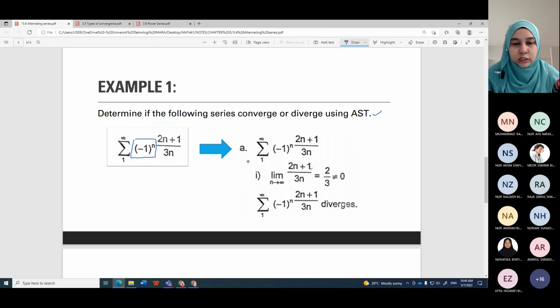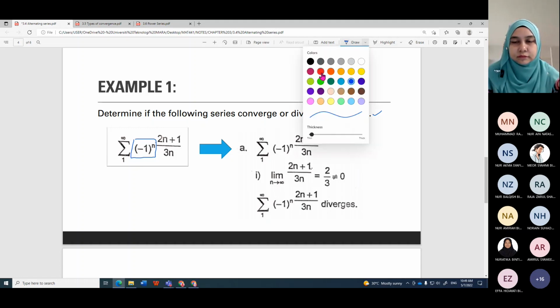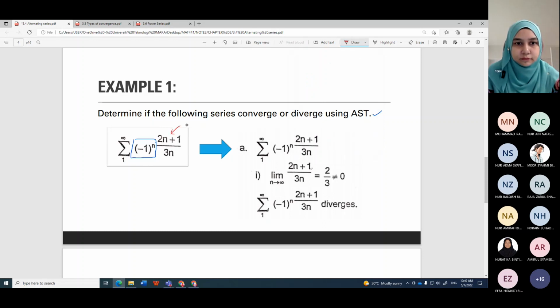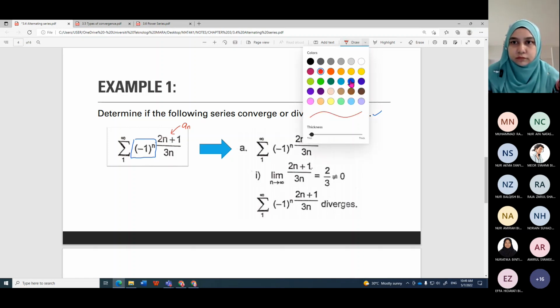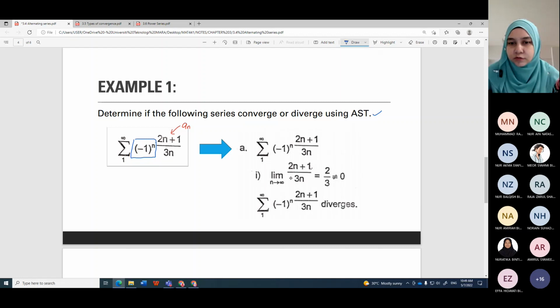For the first condition, we must test the limit of a sub n, which is 2n plus 1 over 3n, where n approaches infinity. When we substitute n approaching infinity, we have infinity over infinity. This is an indeterminate form, so we must apply L'Hopital's rule.